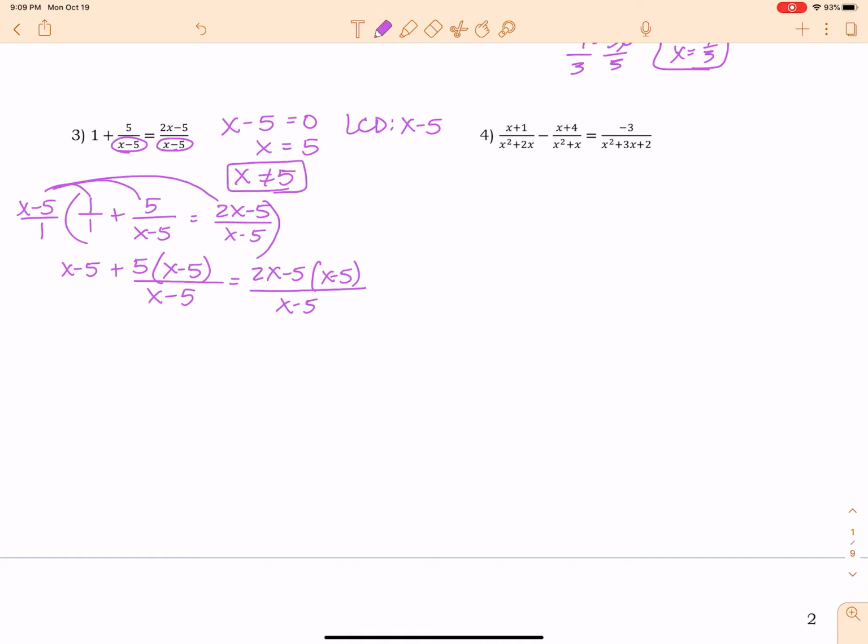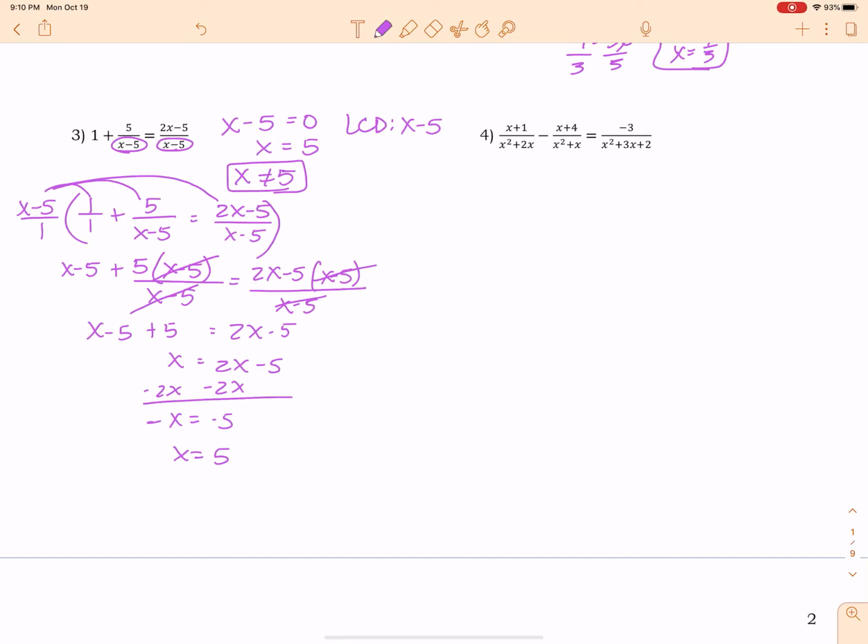Okay, so now I am going to do some magic reducing here. So I've got x minus 5 plus 5 equals, those go away, 2x minus 5. All right, negative 5 plus 5 is 0. And then if I subtract 2x from both sides, I end up with negative x equals negative 5 and x equals 5.